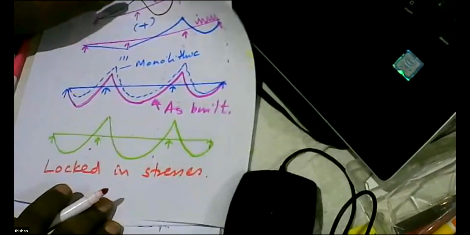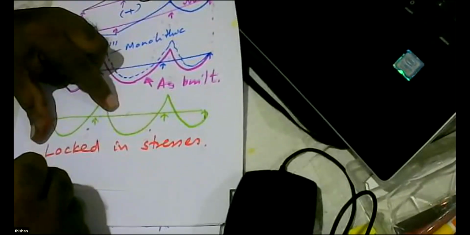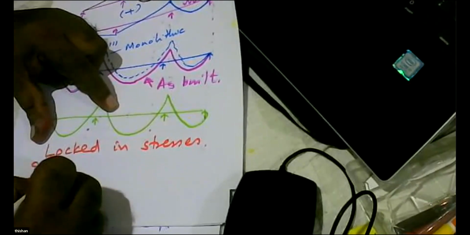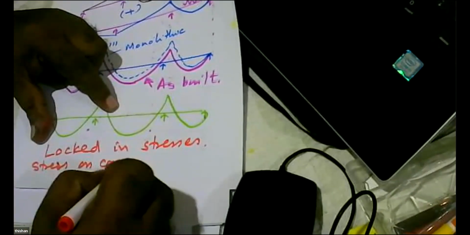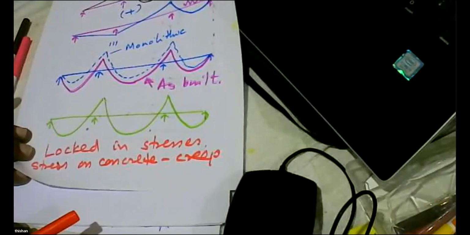And what happens when there's a stress on concrete? Stress on concrete means creep. If you put a stress on concrete it will creep. That means concrete will change dimensions while under the load. So when concrete creeps, what happens to this bending moment diagram?